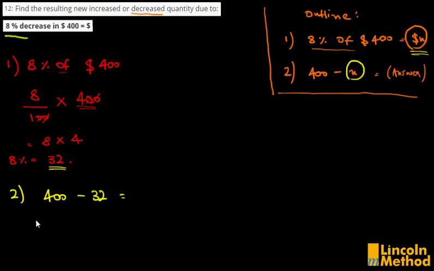So 400 minus 32, 400 minus 30 is 370, and we subtract another 2 and that should give us 368. So this is our second and our last step, and this happens to be our answer. So 8% decrease in $400 equals $368.